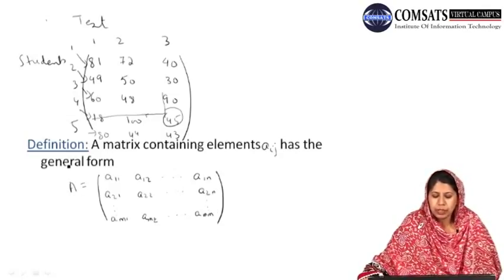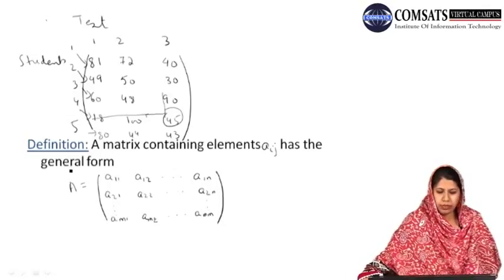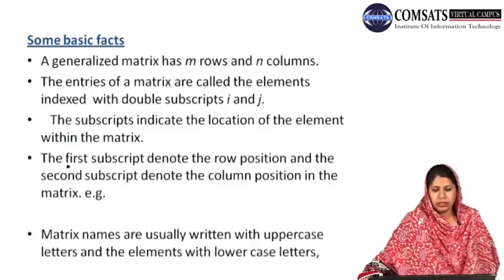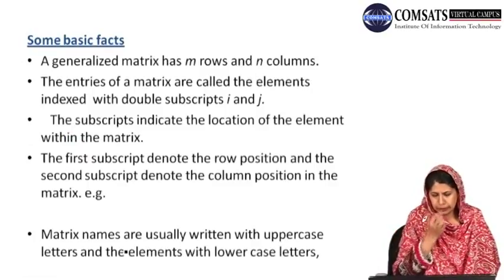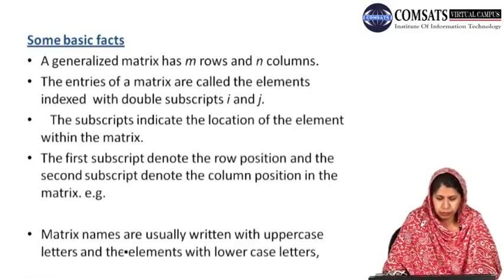Okay, now what do we mean by these elements Aij? Now we look at some basic facts of our matrix which we already know, but we will simply revise them.